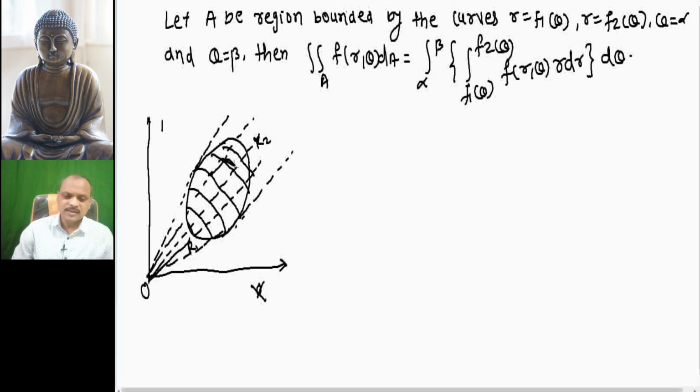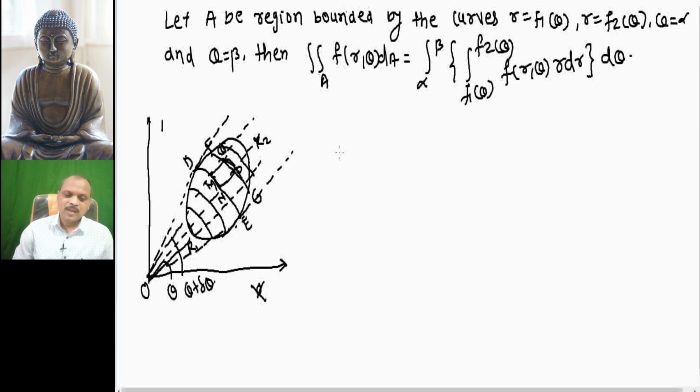So let us take this as the region, and call it M N P Q, and suppose these are radii D E F and G. This makes an angle, suppose theta, and another angle is theta plus delta theta.